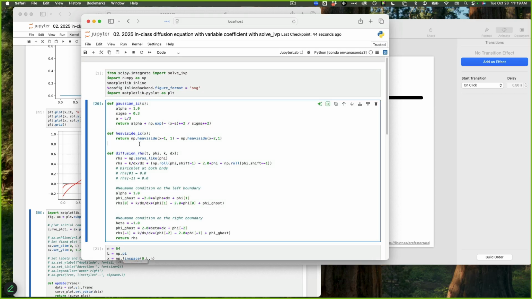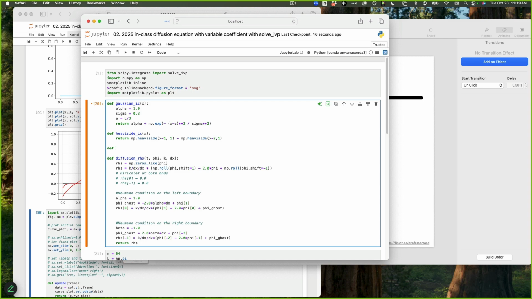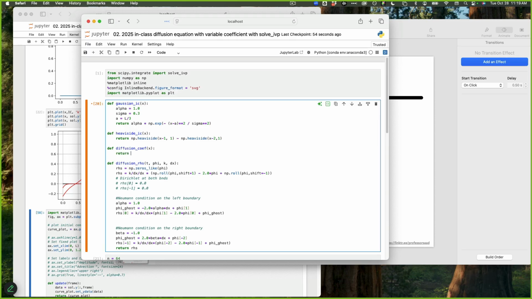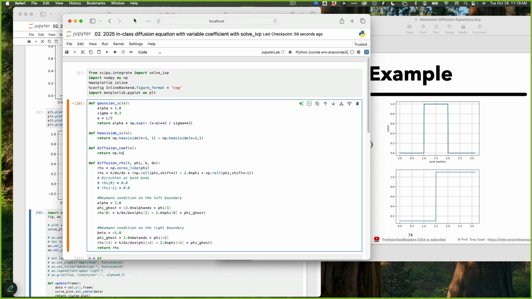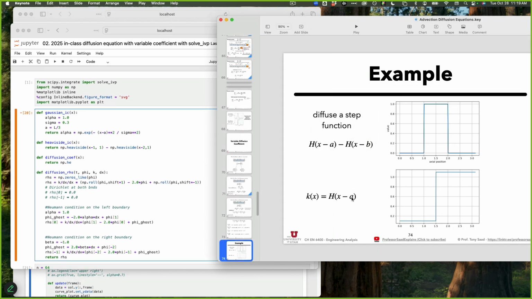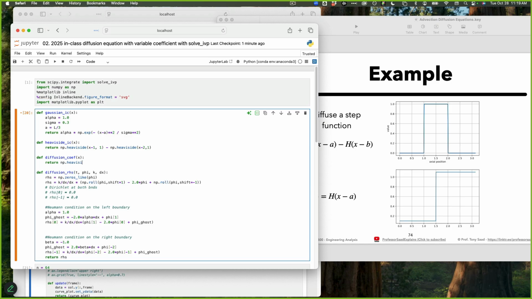Okay, so I'm going to define the diffusion coefficient as a function of x, and I'm going to return np.heaviside of x minus a, and a, let's say 1.5. So heaviside of x minus 1.5.